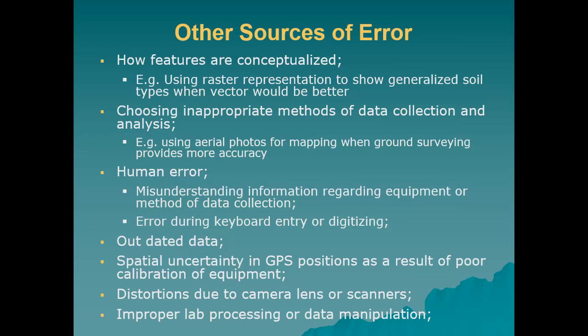For example, you may have data technicians that are misunderstanding and misinterpreting information regarding how to use equipment, or how to conduct your data collection method. So misunderstanding and misinterpretation there. You may also have errors in terms of keyboarding information into your database or even digitizing maps, lines, and features on your maps.